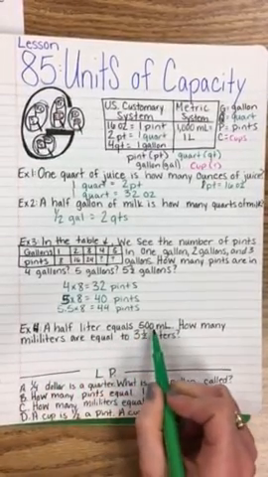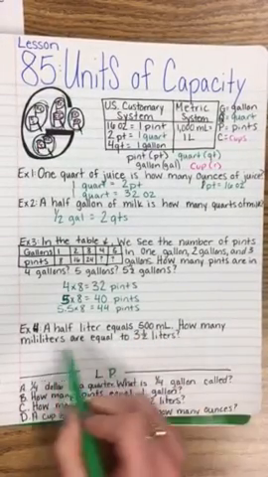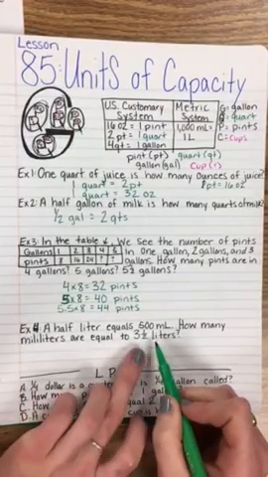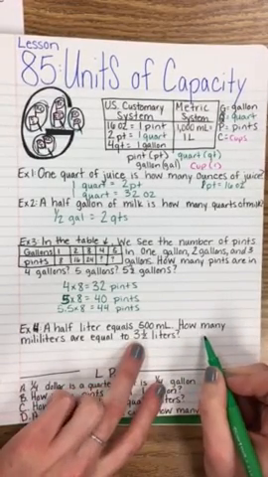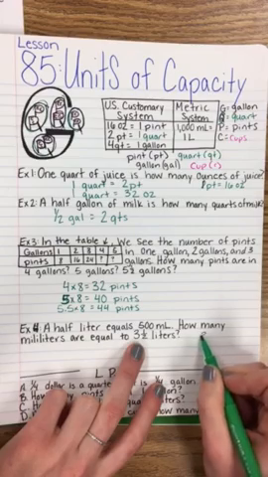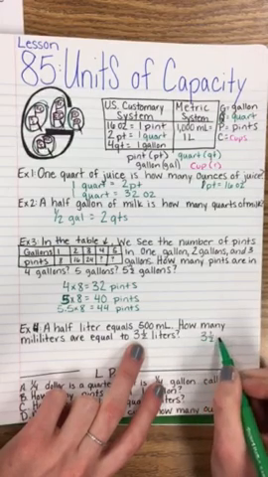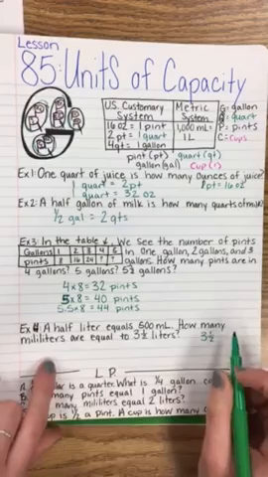Example 4, a half liter equals 500 milliliters. How many milliliters are equal to 3.5 liters? So we need to do 3.5 times 1,000.